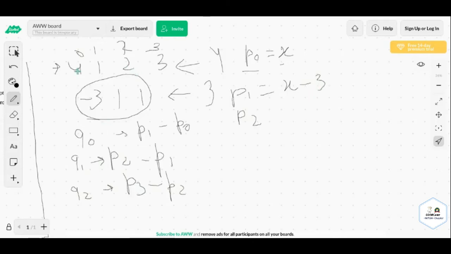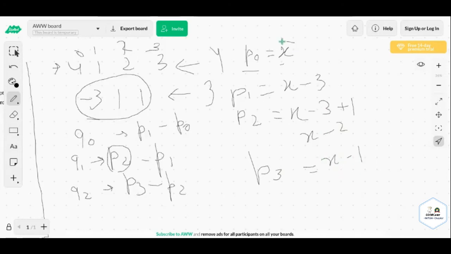Then p2 is q1 plus p1, that is x minus 3 plus q1, which is 1, that is x minus 2. In a similar way, p3 is x minus 1.